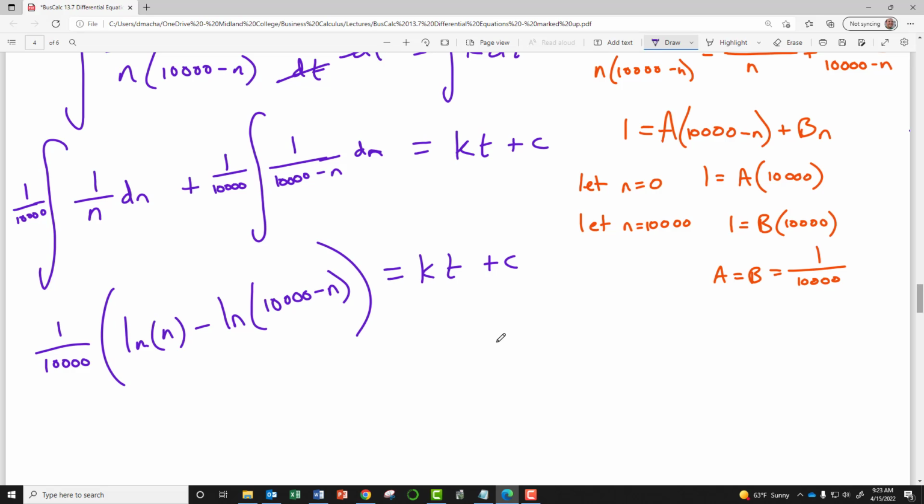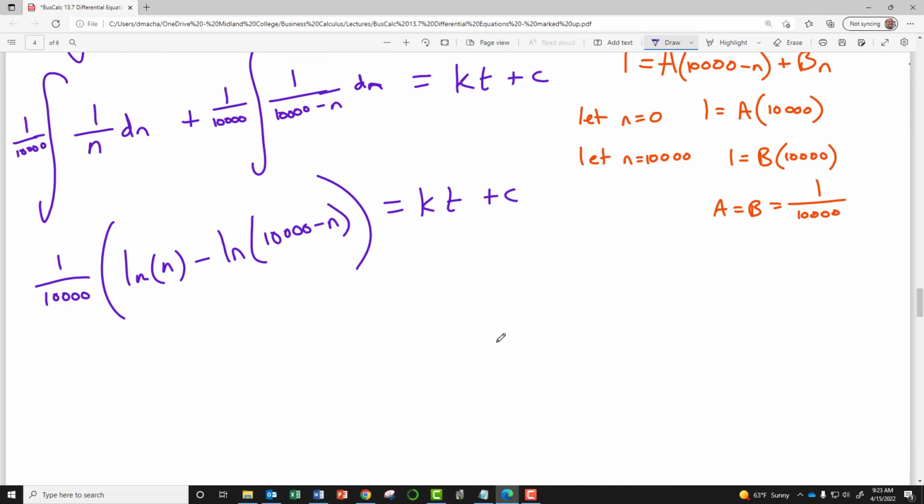Now on the left side, I'm going to use a property of logarithms that I know. If I'm subtracting two logarithms with the same base, I can actually just divide inside the logarithm. So this is going to be 1 over 10,000 times natural log now of n divided by 10,000 minus n.